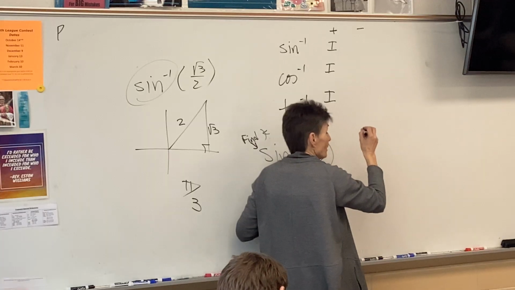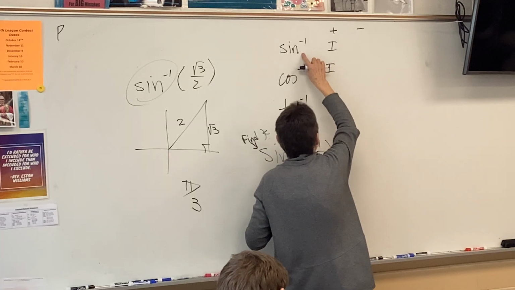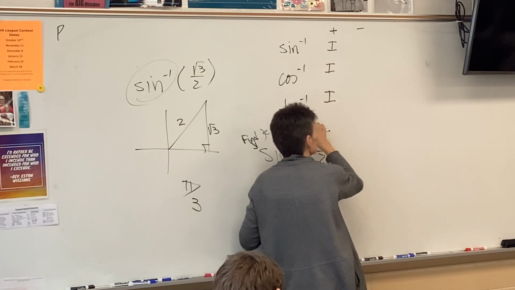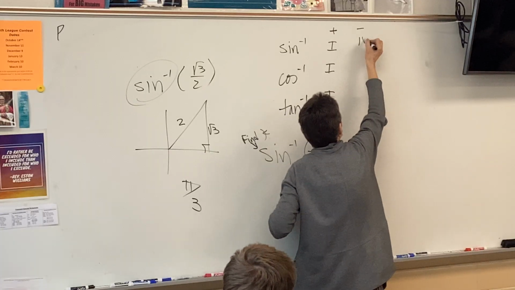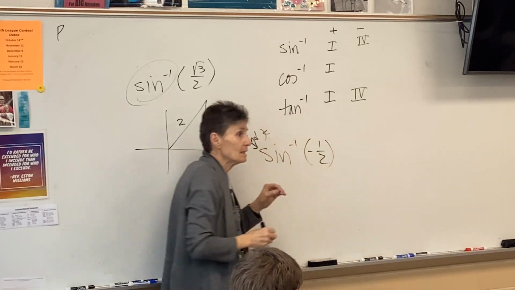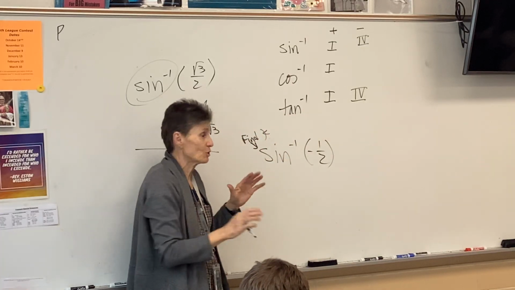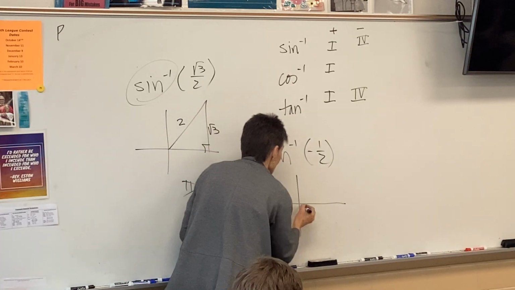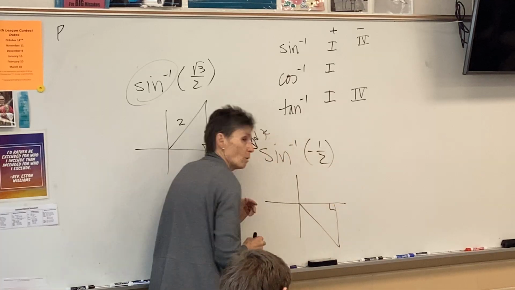This is where things get crazy. If it's a sine or a tangent and a negative number, then you're going to look in quadrant 4. You are going to draw your triangle in quadrant 4.